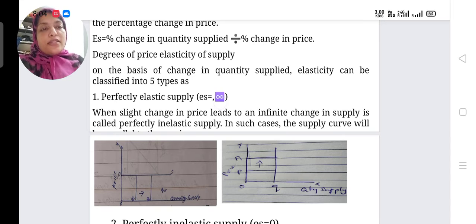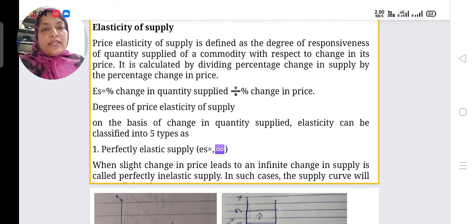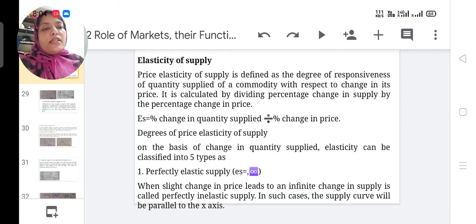This sign is infinity. When a slight change in price leads to an infinite change in supply, it is called perfectly elastic supply. In such a case, the supply curve will be parallel to the x-axis.